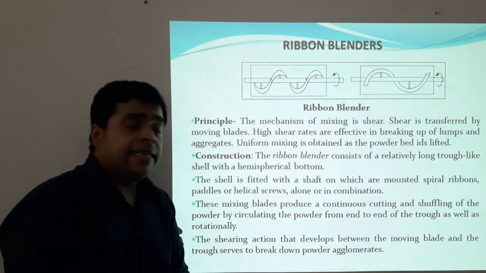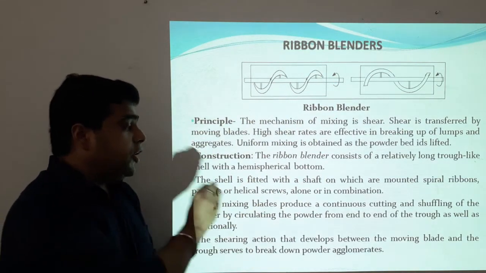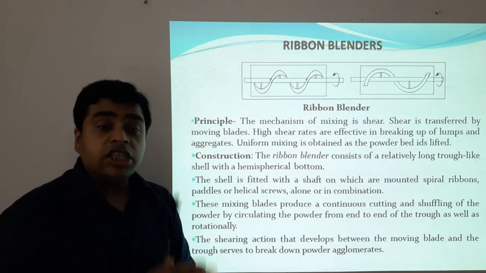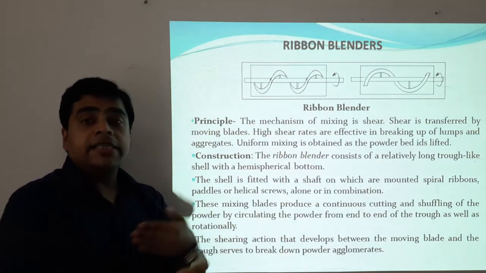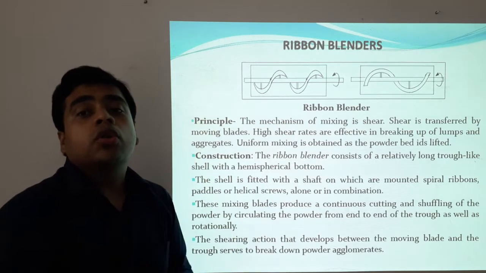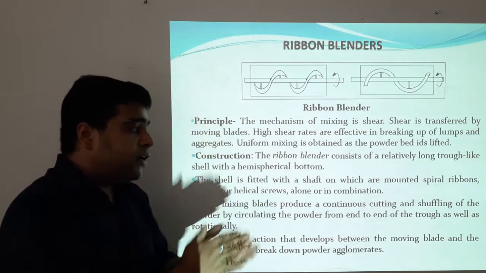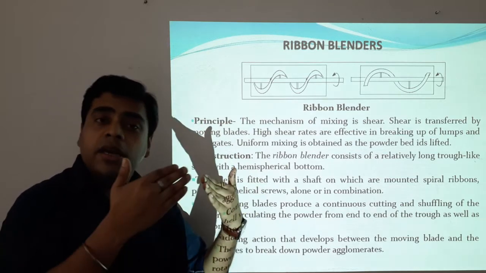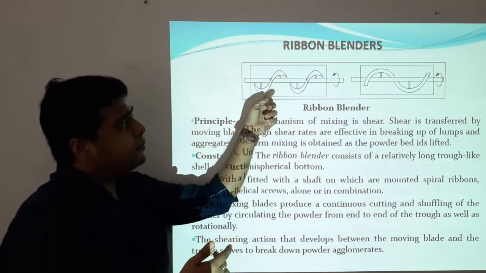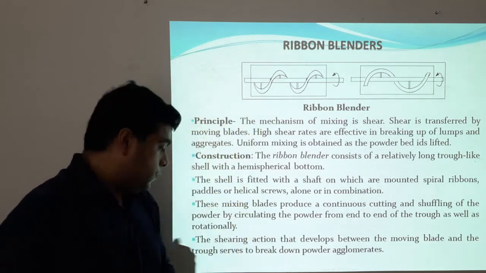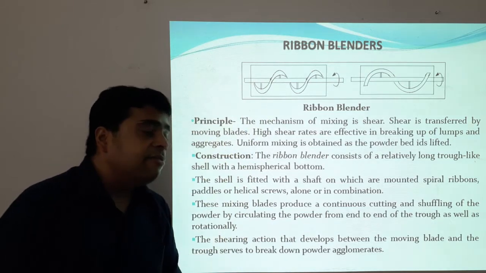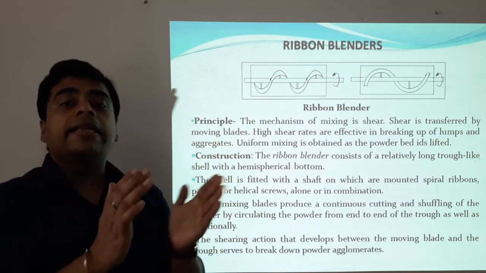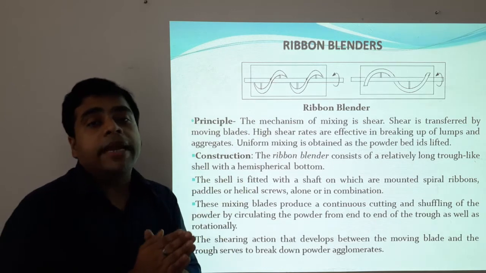These mixing blades produce continuous cutting and shuffling of the powder by circulating the powder from the end of the trough as well as throughout the trough. Rotation of those blades causes high shear also. The shearing action that develops between the moving blade and the trough serves to break down the lumps.